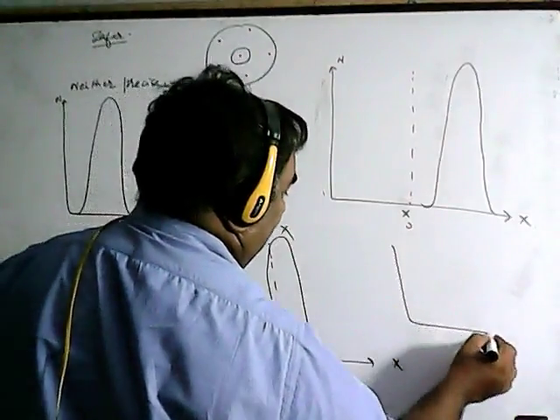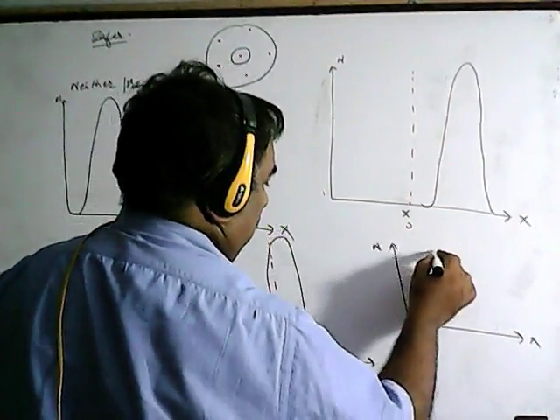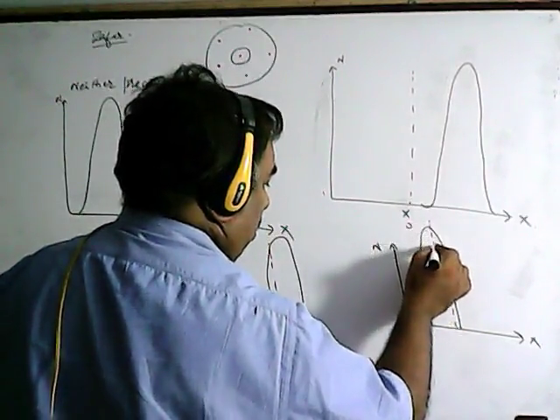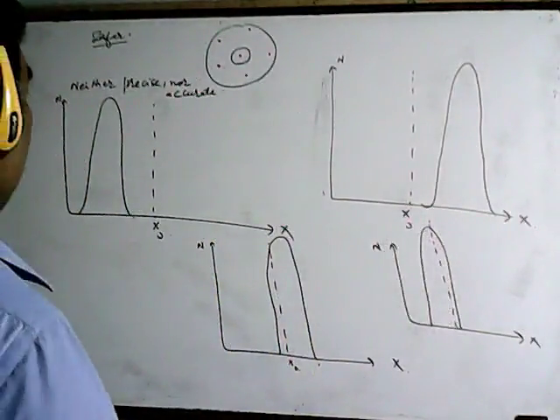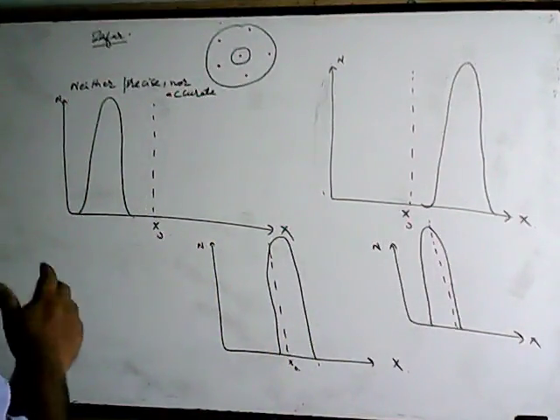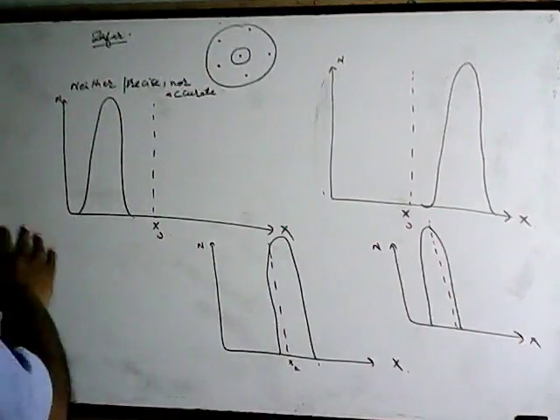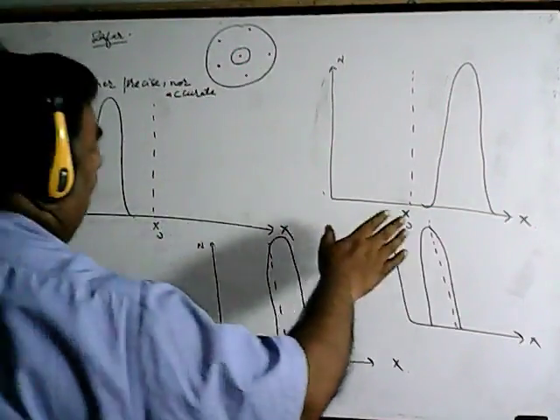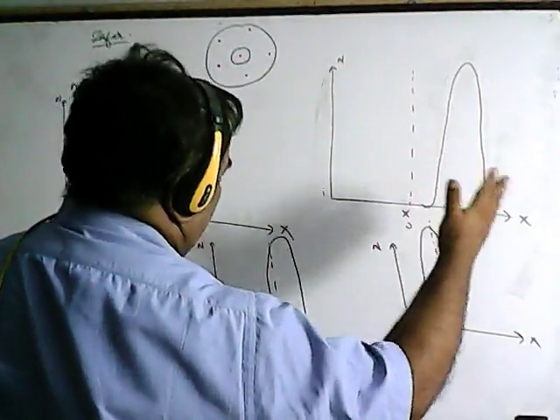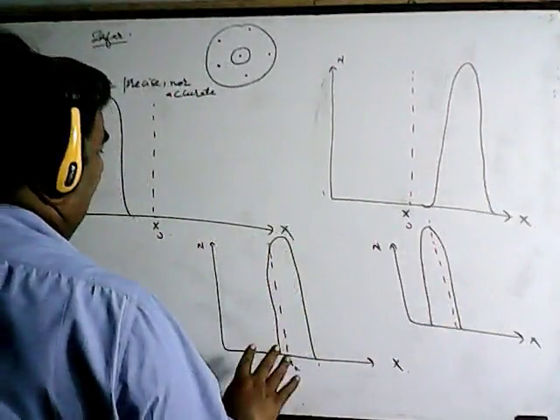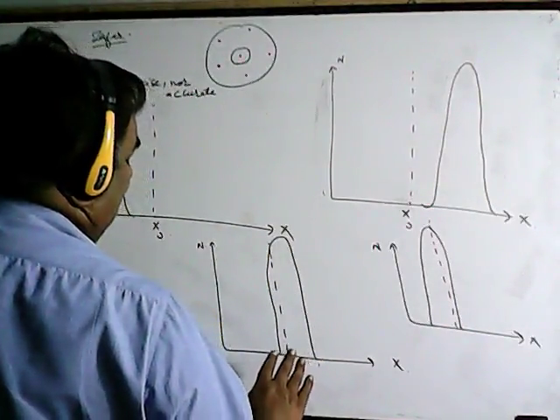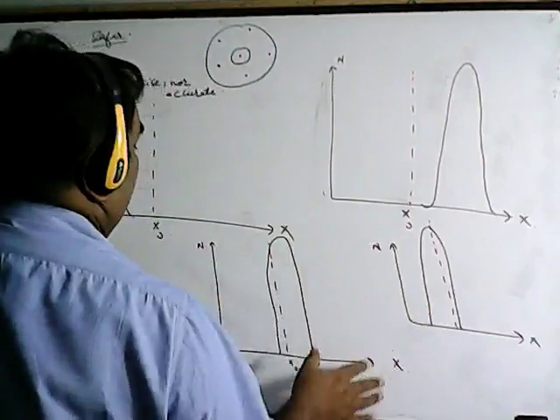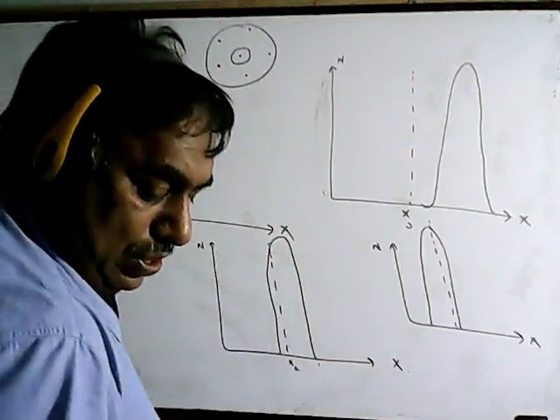Or it may have this shape also. All these graphs are for Zafar, meaning he is neither precise nor accurate. Here he has a value calculated less than the accurate value, and here a larger value than the actual value. Here he may have some values closer, but actually all the values are more than that, and here there are less values, but some values may be close, but they are not symmetrical either way. So this is for Zafar.